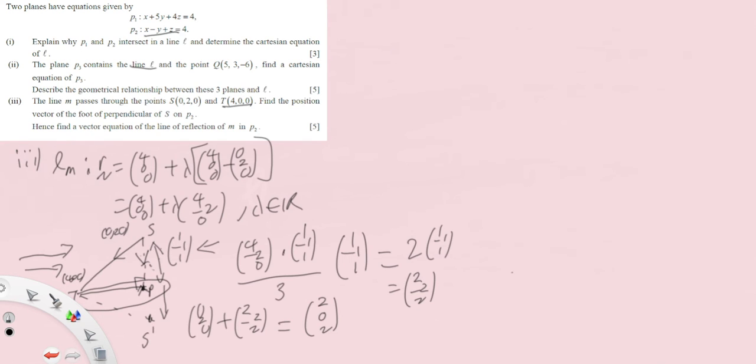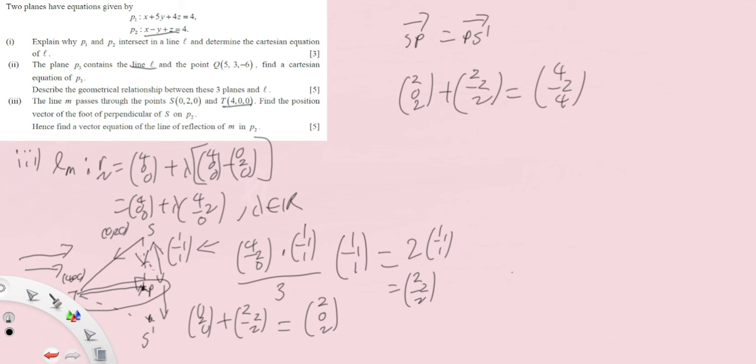P to S prime is simply the same vector as SP. This is just a mental note for you guys: vector SP is the same as PS prime. So very simple. Vector OS prime is simply (2, 0, 2) plus the vector SP, which we found to be (2, -2, 2), which equals (4, -2, 4).